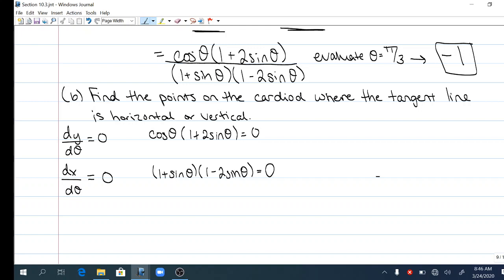Now set each part equal to 0 and solve. So if we have cosine theta equal to 0, the solutions to this would be theta equals pi over 2, 3 pi over 2.